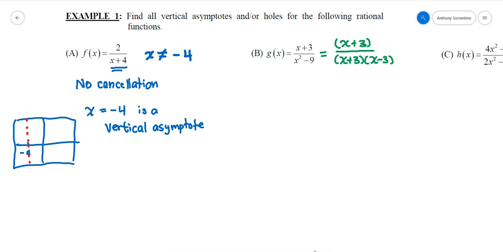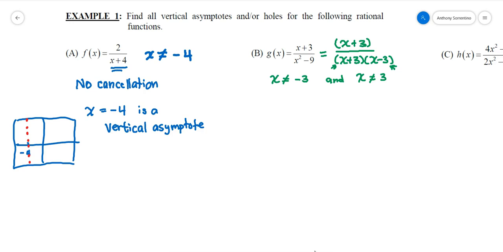So my domain restrictions are that x cannot equal -3, because that's going to create a 0 with that one, and x is not equal to 3, because that'll make this one a 0. So I have 2 domain restrictions here.